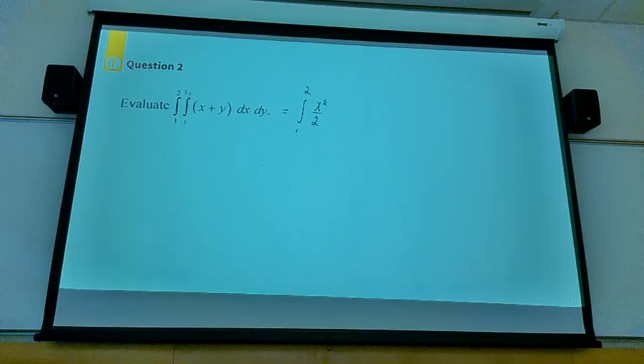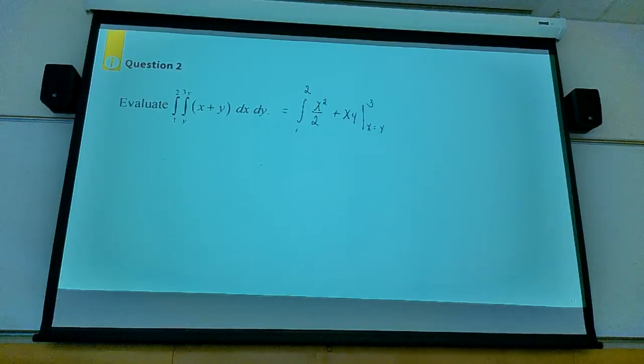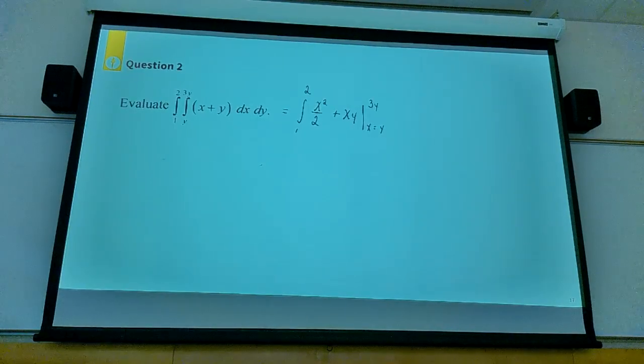Antiderivative of y with respect to x. It's x times y. And x would go from y to 3y.